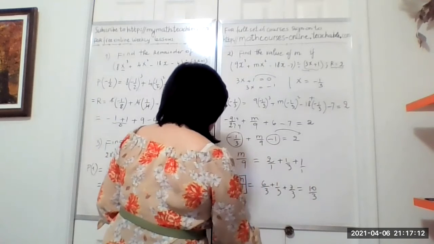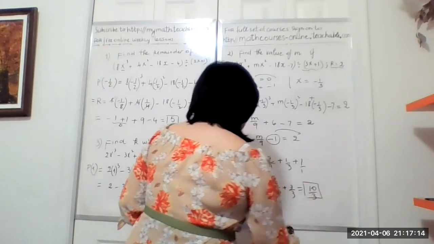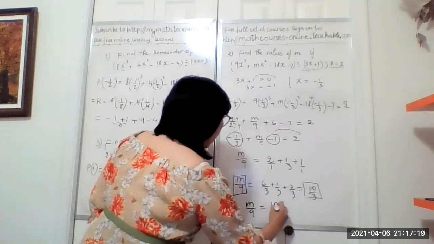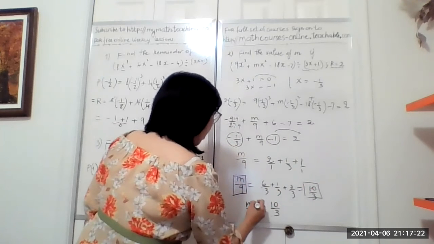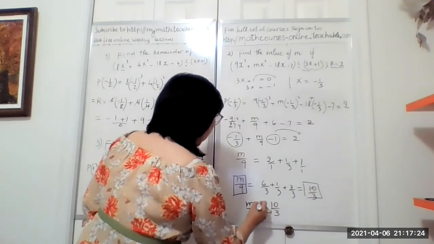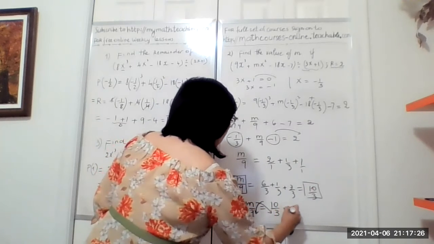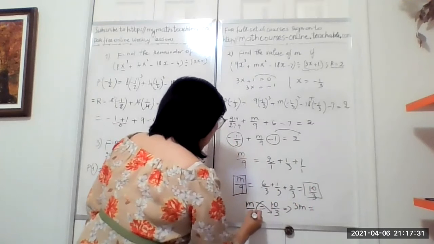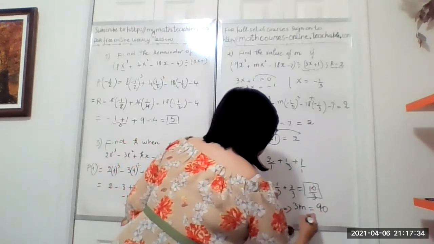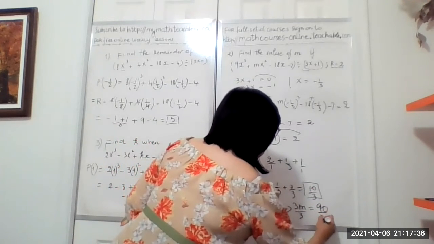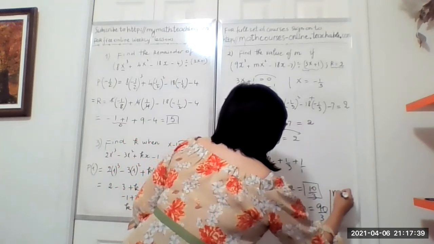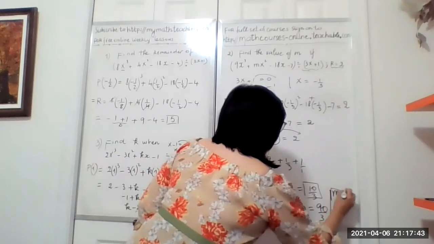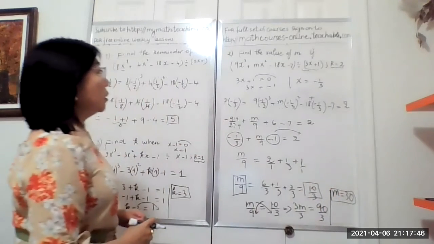So here is the two things I focus on, right? m over 9 equals 10 over 3. At this point, I'm going to do cross multiply. So m times 3 is 3m equals 10 times 9 is 90. Divide both sides by 3. I got m equals 90 divided by 3 is 30. So now we get m equals 30.